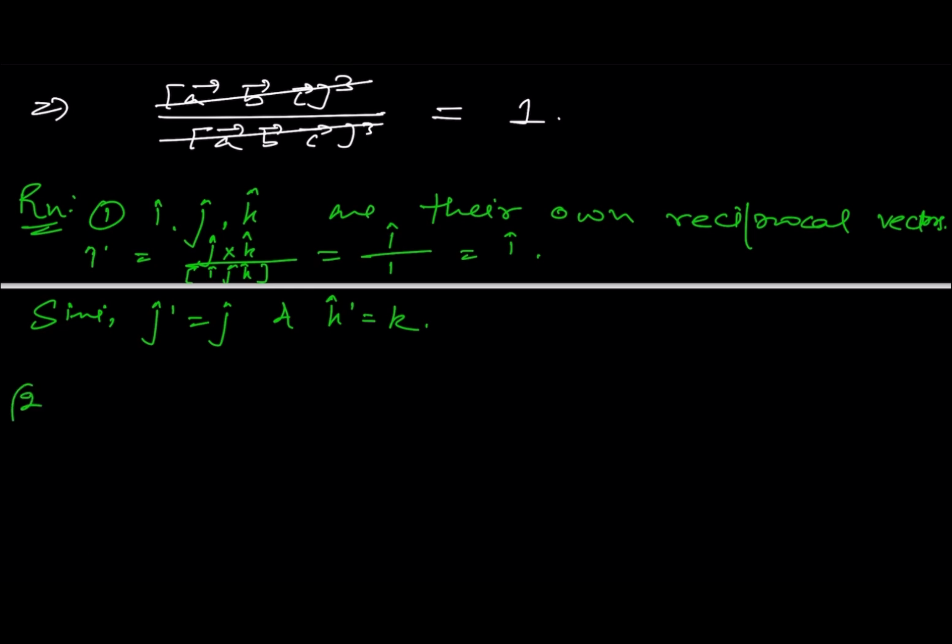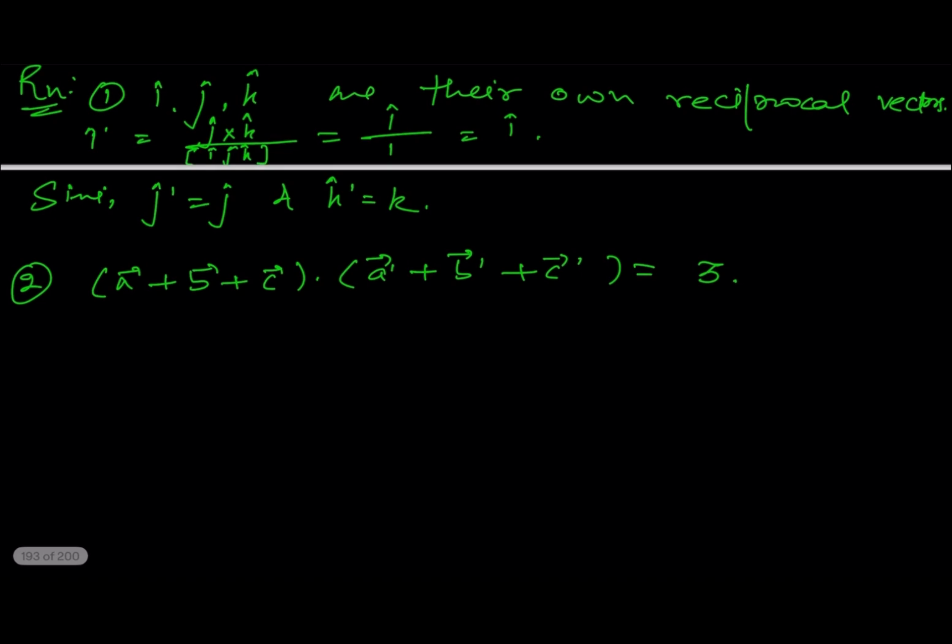Second one: A plus B plus C dot A dash plus B dash plus C dash is 3. Now why is it 3? You can understand by putting A dash, B dash, C dash in terms of A, B, C, right?